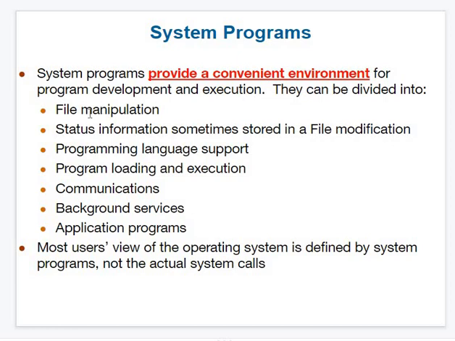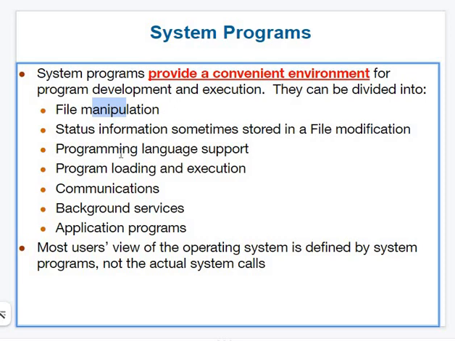So for file manipulation we have a system program, for status information we have a system program, for establishing communication from one computer to another computer again we have a system program. Like that, for every service the operating system gives us, there exist many system calls. The proper arrangement of different system call executions makes one system program.